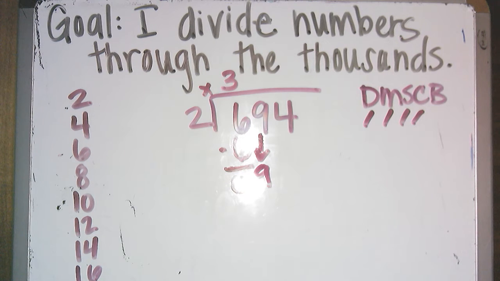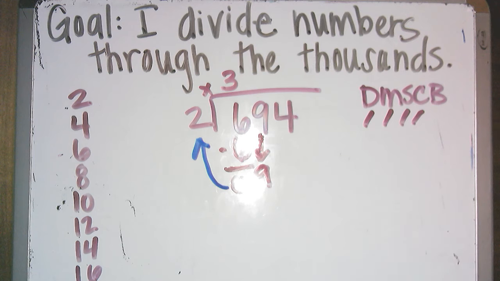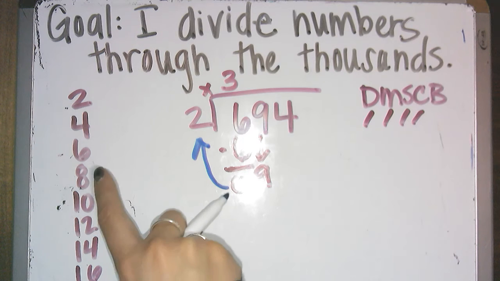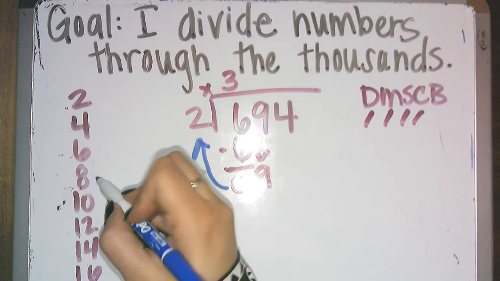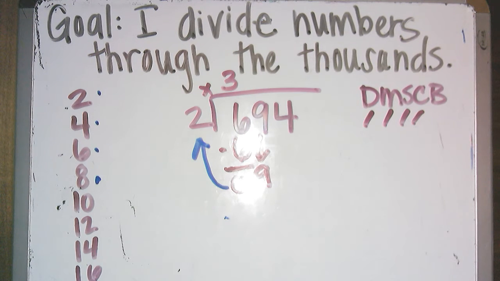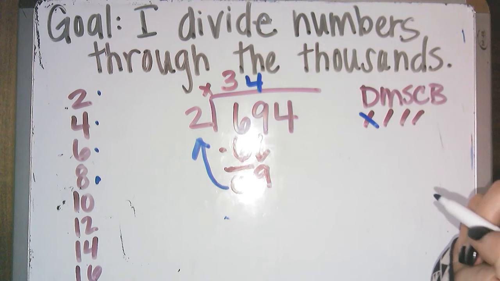So my new division problem is 9 divided by 2. I need to find my number closest to 9 without going over. Well, I see 8 and I see 10 and I know 9's in between them. And so I have to go with 8, which is 1, 2, 3, 4. So up here, I would write a 4 and that means I divided.